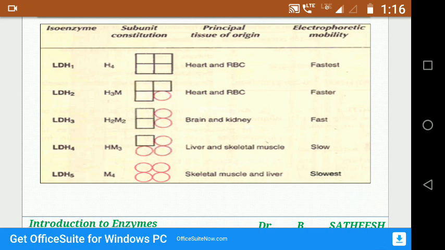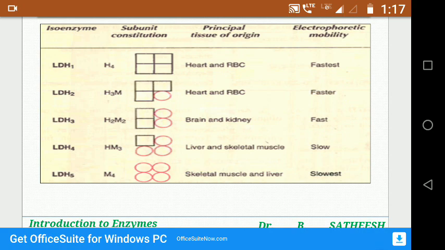Its electrophoretic mobility is the fastest; it will reach the bottom of the gel. LDH2 has 1 M and 3 H. LDH3 has 2 M and 2 H. LDH4 has 3 M and 1 H, and LDH5 has 4 M's.